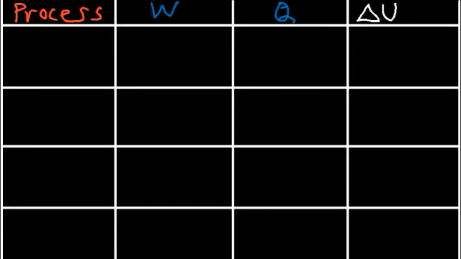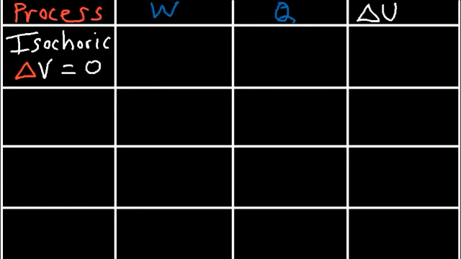So the first process that we're going to talk about is the isochoric process. Now, for an isochoric process, what you need to know is that the change in volume is equal to 0. The volume is constant.